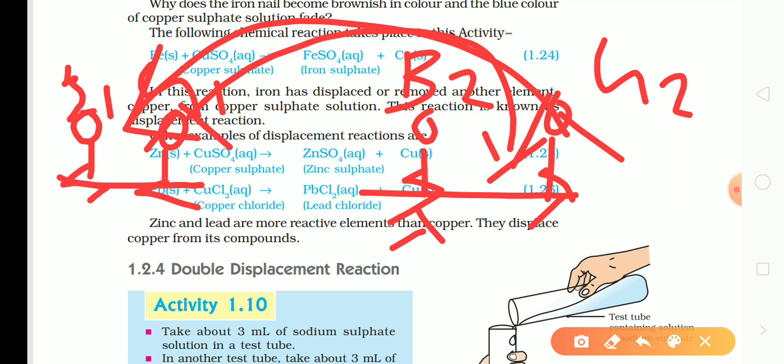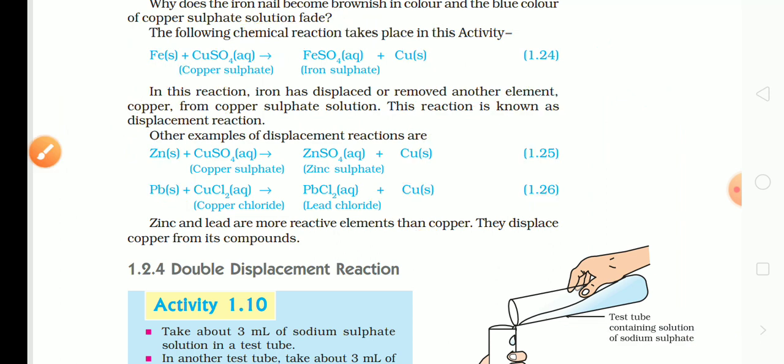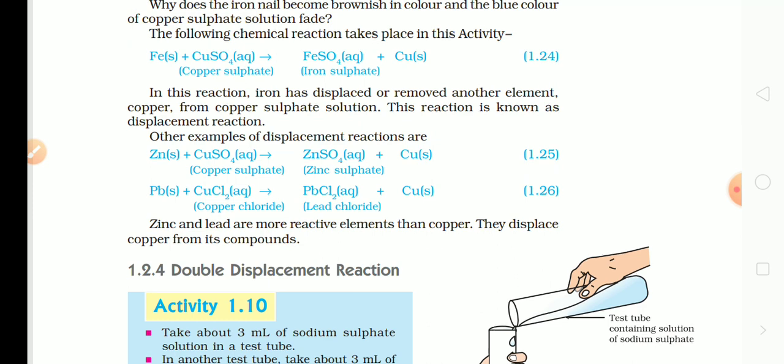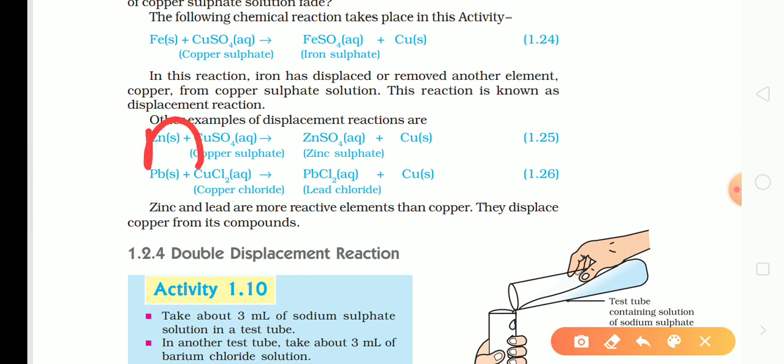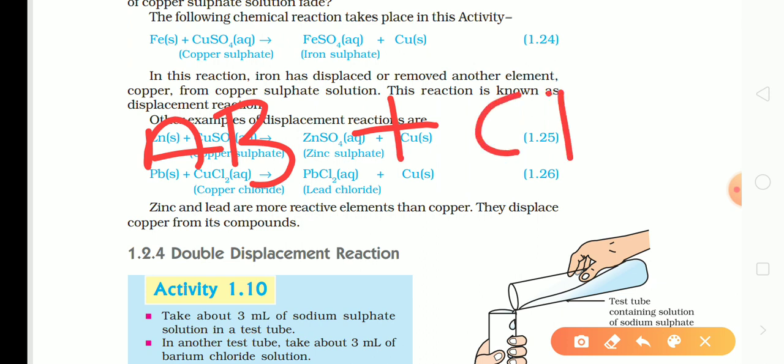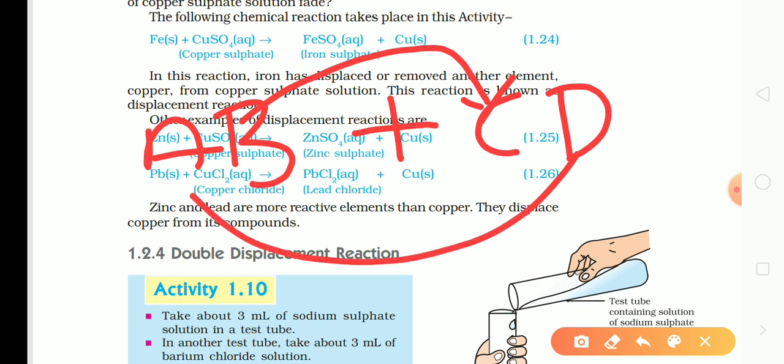So when two metal compounds are reacting, for example, AB is a metal compound reacting with CD, what will happen? B will go to C and D will go to A. This is called a double displacement reaction.